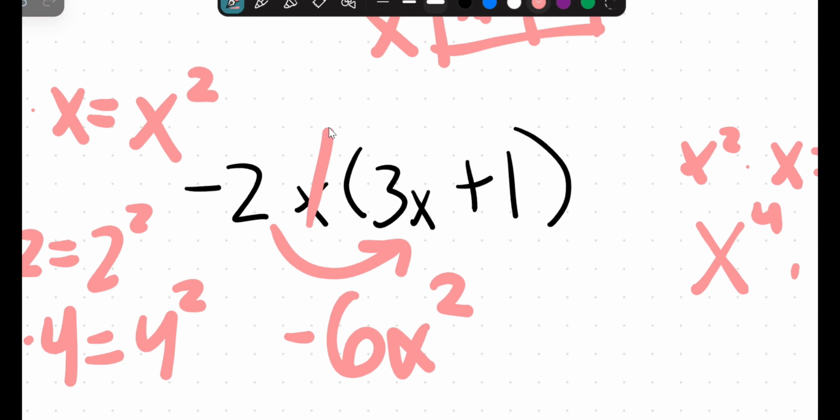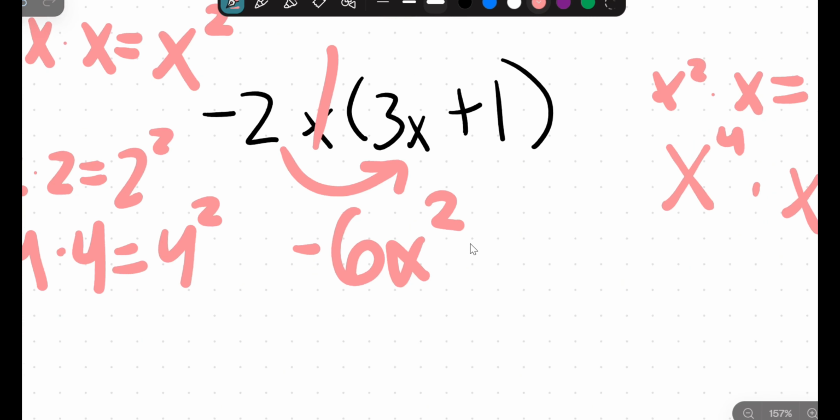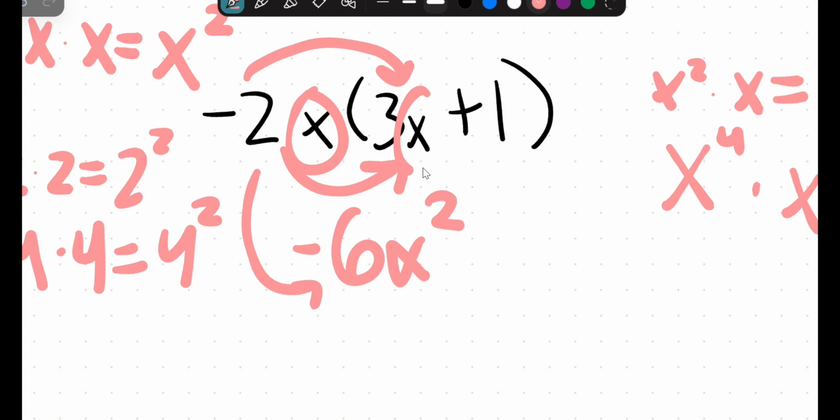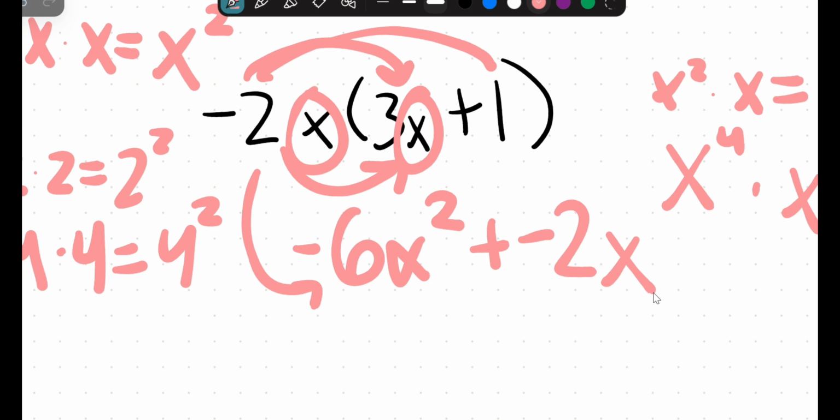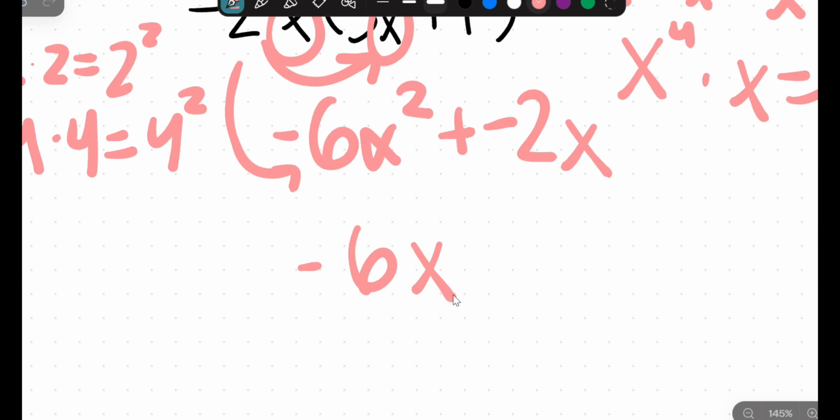The reason it becomes negative 6x squared is because we have the negative 2 times the 3. That's where we get the negative 6. And then the x times the x is x squared. Now, if we do negative 2x times 1, that just becomes plus negative 2x. I like to do it with the pluses, but it could also be written as negative 6x squared minus 2x.